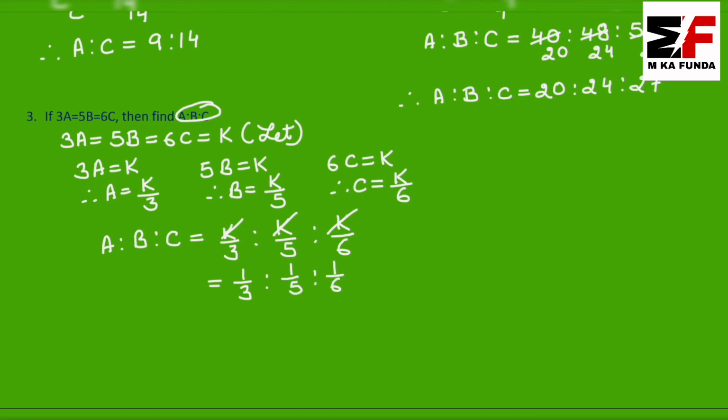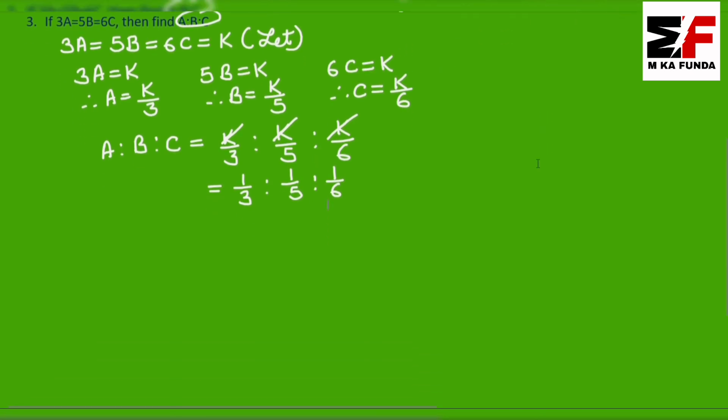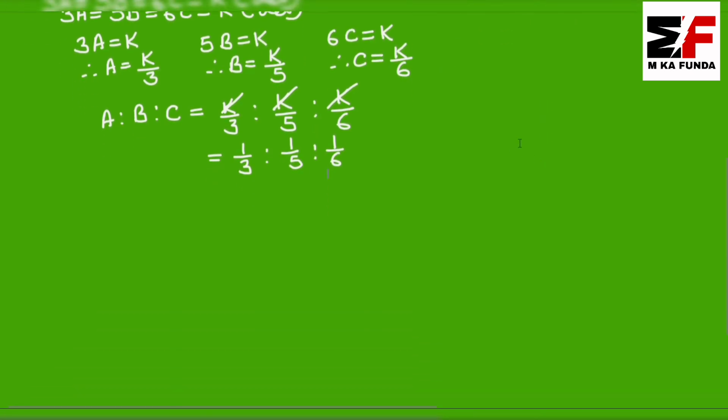But we will not leave the answer over here. Since the ratios are coming in fraction, we need to take the LCM of the denominators. So the LCM of 3, 5 and 6 will be equal to 30. You can check it out in your rough column.